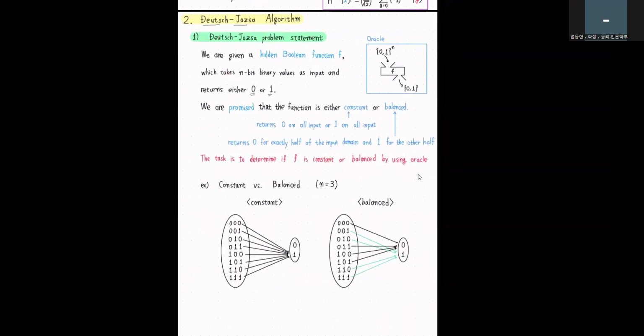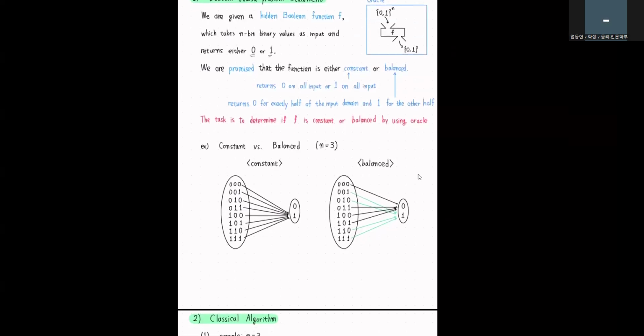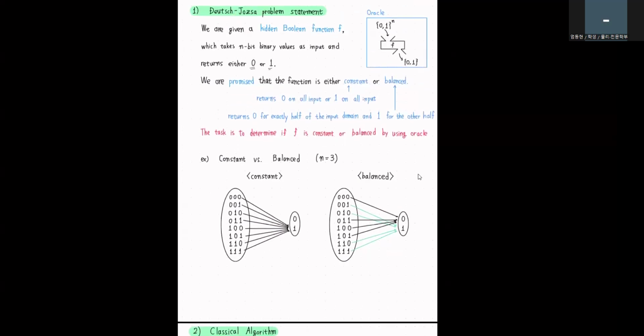Now we are promised that this oracle is either constant or balanced. Either it returns 0 on all inputs or 1 on all inputs, or it returns 0 for exactly half of the inputs and 1 for the other half. So the problem is to determine if our oracle is constant or balanced.